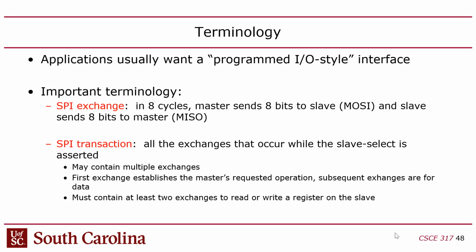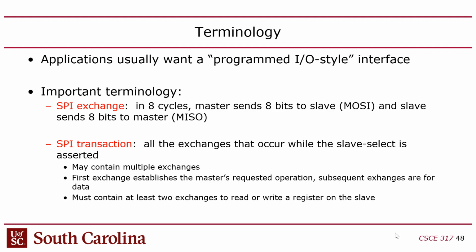So you want a programmed I/O style interface where you can give an address and a data, right? Likewise, you might want to write a value to a specified address on the peripheral, or you may want to read. So in other words, generally speaking, you're going to be doing a programmed I/O style communication over SPI, where the peripheral is going to have these locations that you can read and write from and to, right? You guys with me? So we need something more than just these simple exchanges.